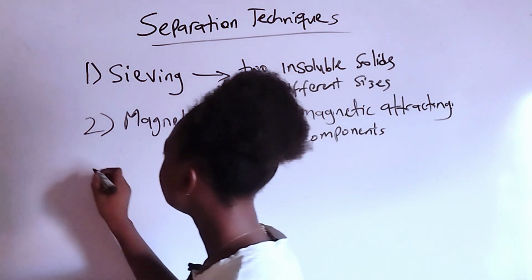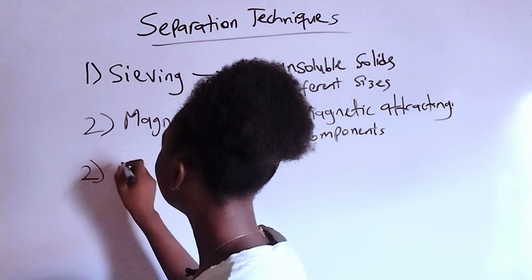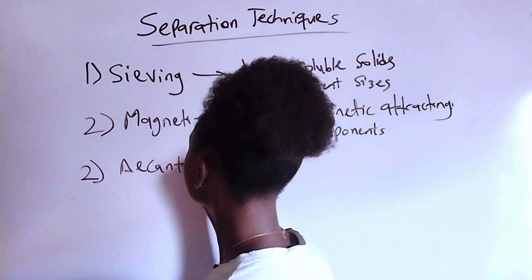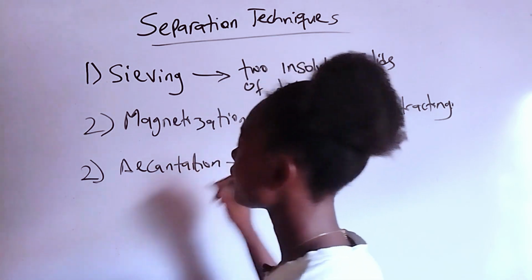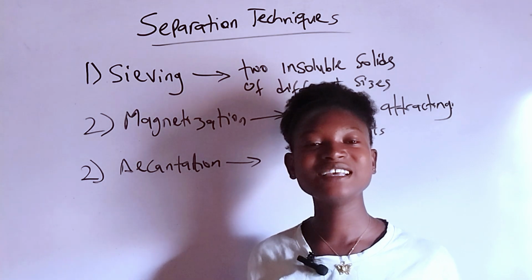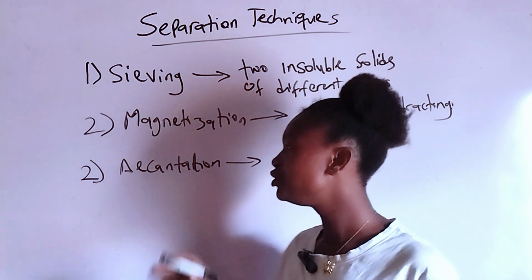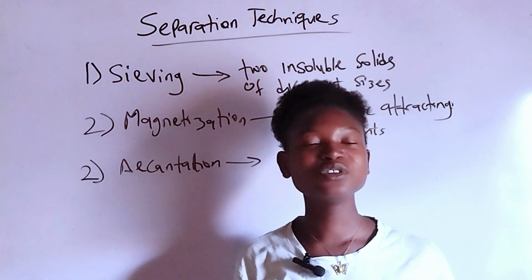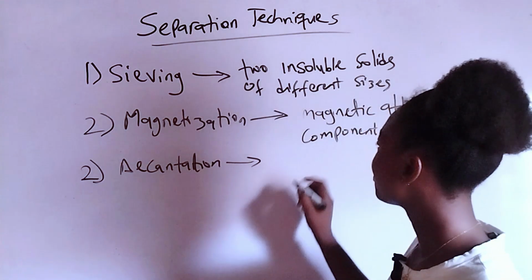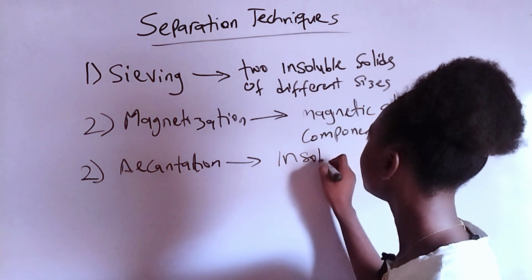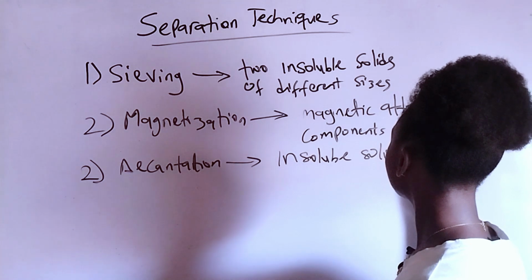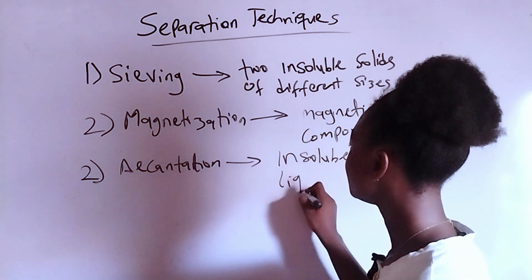Another method that we can use is decantation. What this simply means is that it can be used to separate an insoluble solid from a liquid.